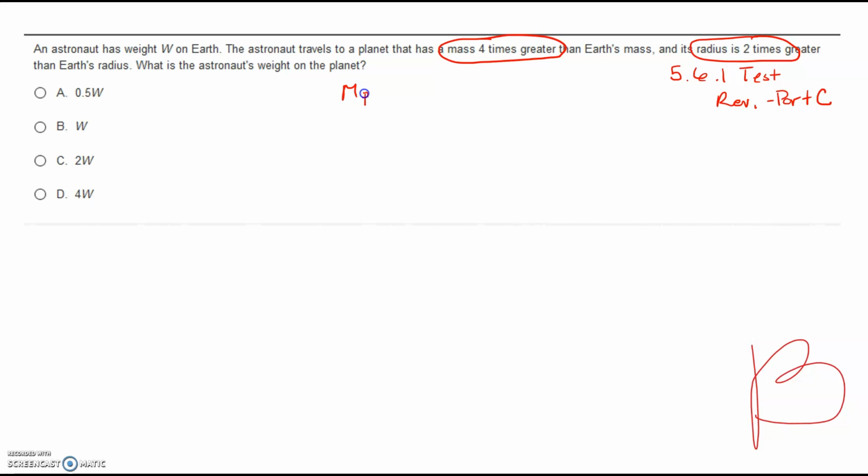So I have the mass of the planet is 4 times the mass of Earth. The radius of the planet is 2 times the radius of Earth. And I'm going to plug that in. So I have G over RP squared, which is G for M over 2R squared.